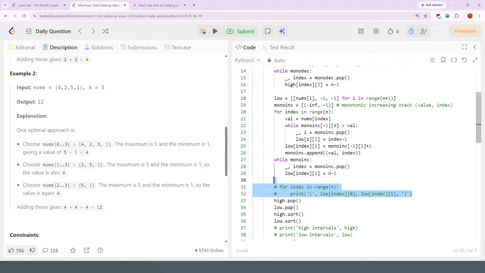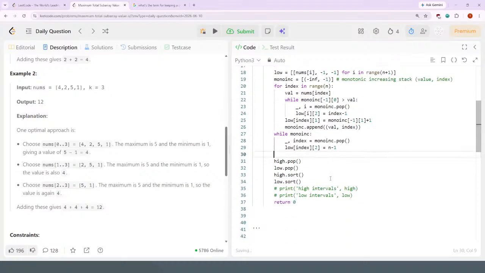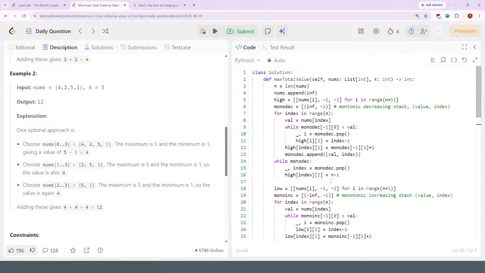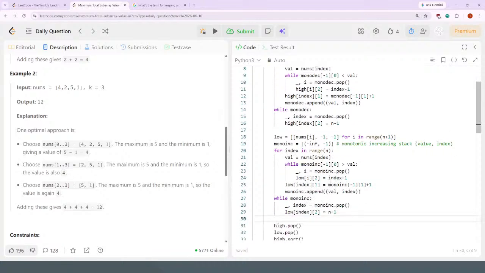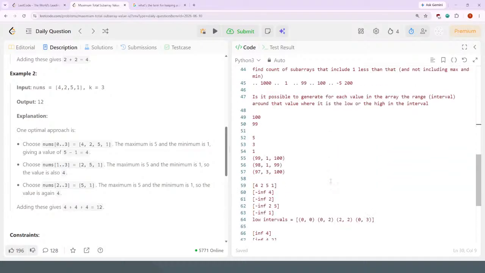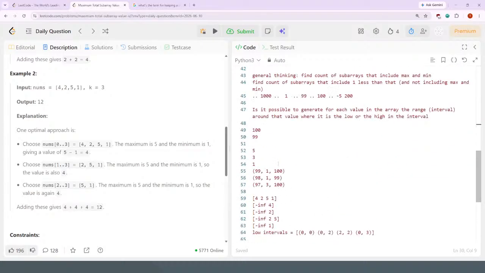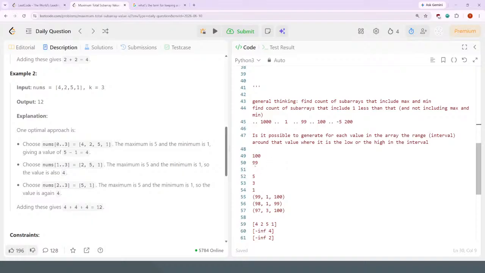Okay. Now comes the hard part. So it's the construction of the high and low quantities and seeing if there's overlaps.